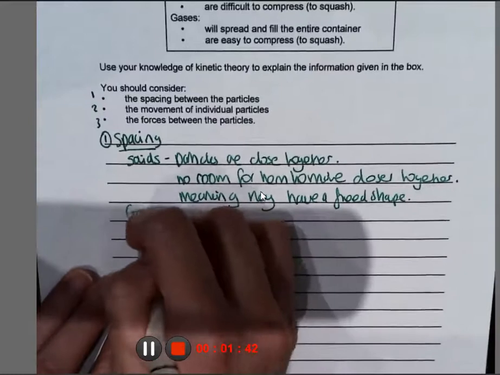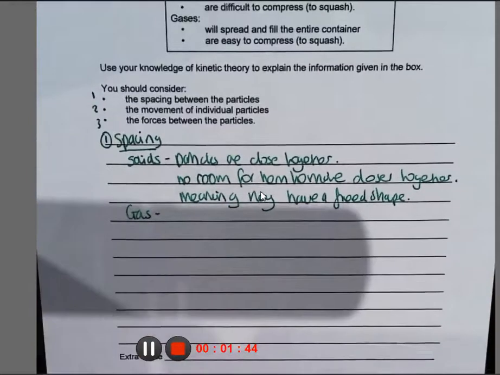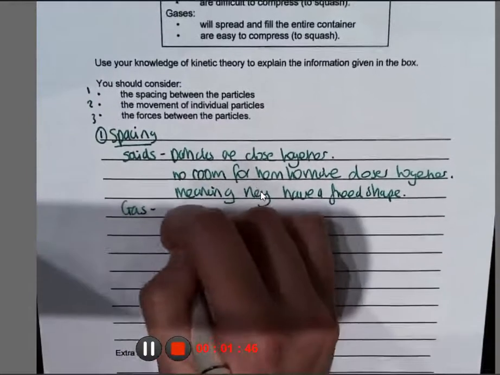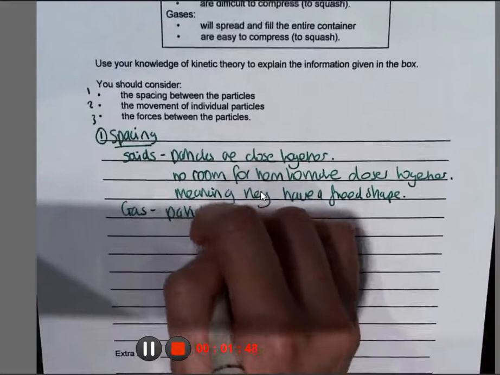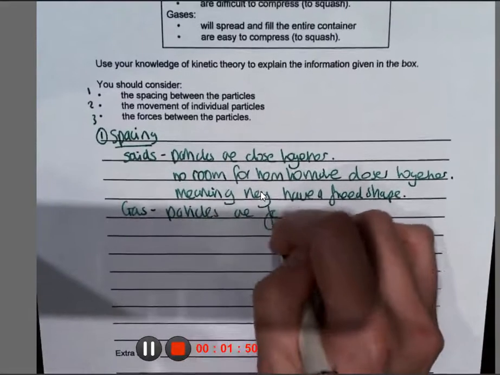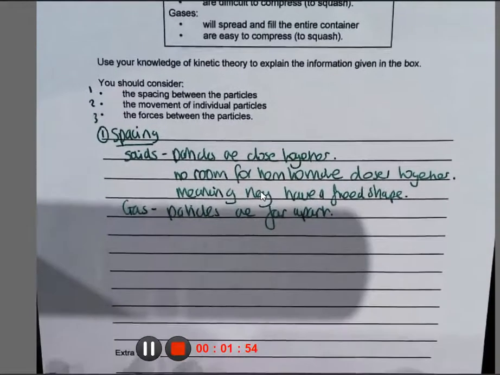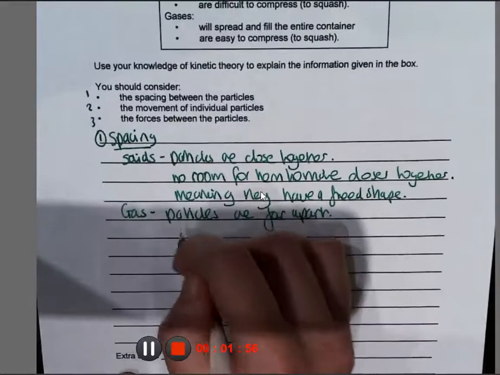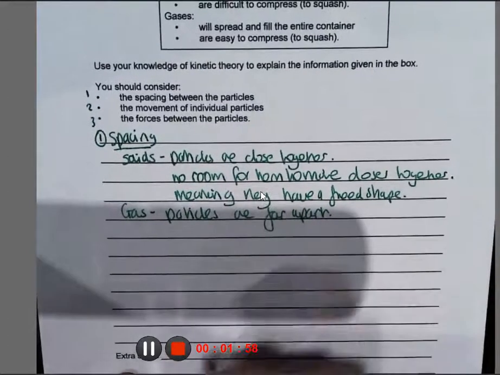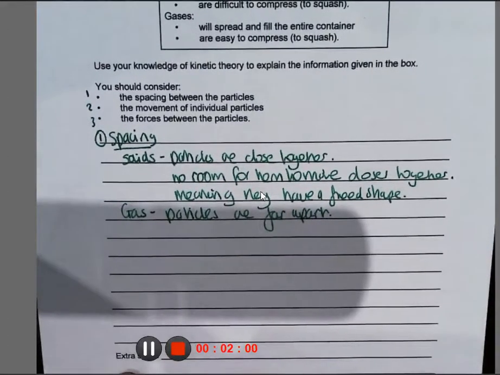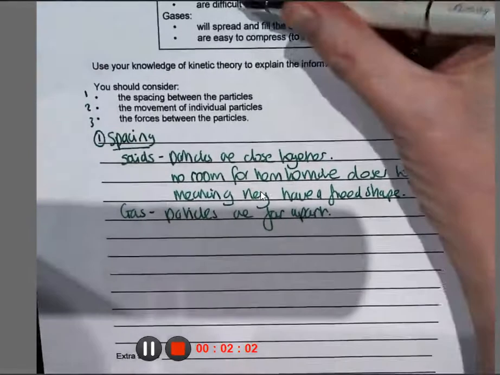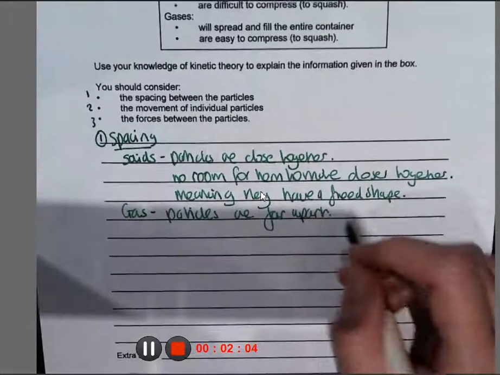For the gas, okay, the particles are far apart. And there is space between the particles, so that, as it said, they will spread to fill the entire container.